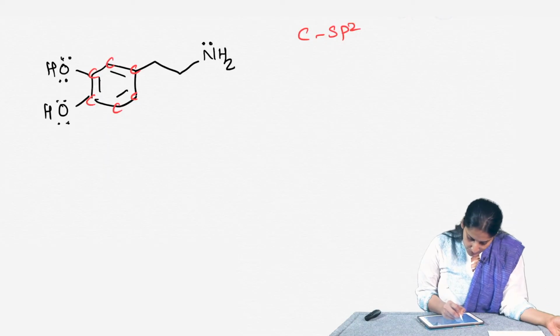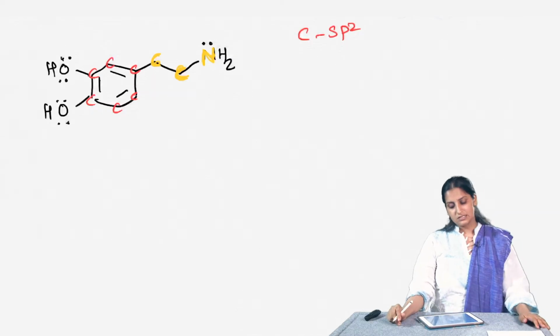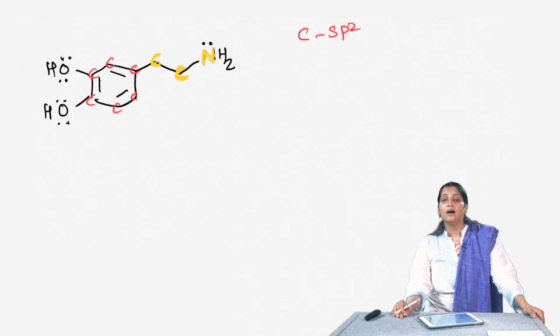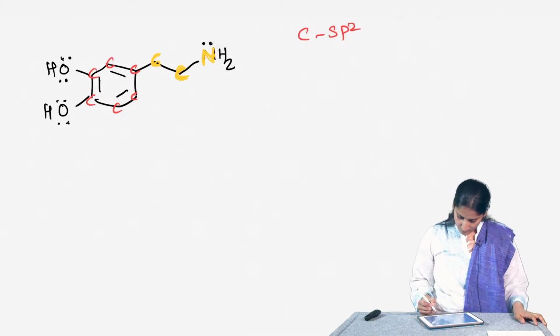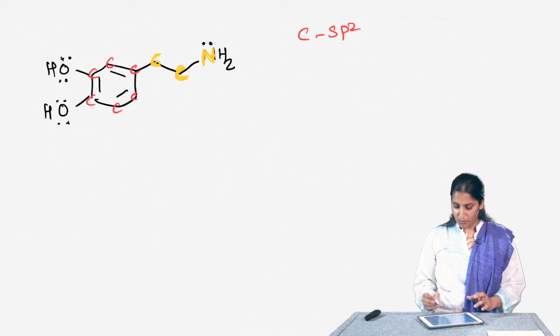These other 2 carbons and this nitrogen here, these 3 atoms are sp3 hybridized, right, because they are forming 4 sigma bonds.